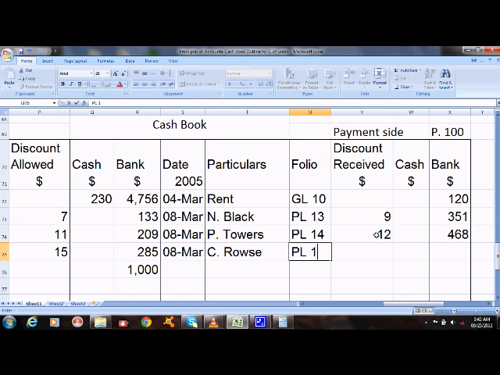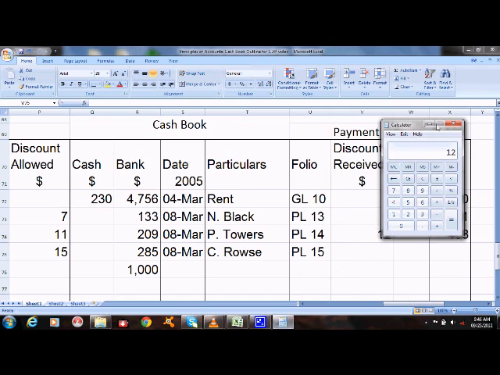PL 15, and when we work out the 2.5% of $800, please note that when it says cash discount, it doesn't mean that you're paying by cash, or the person is paying you by cash. It's just a cash discount.